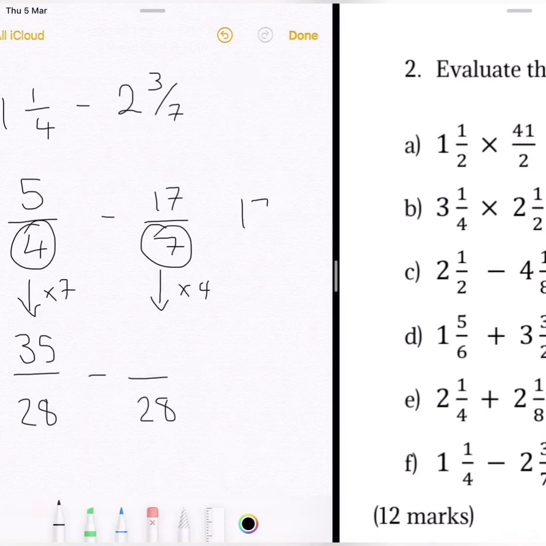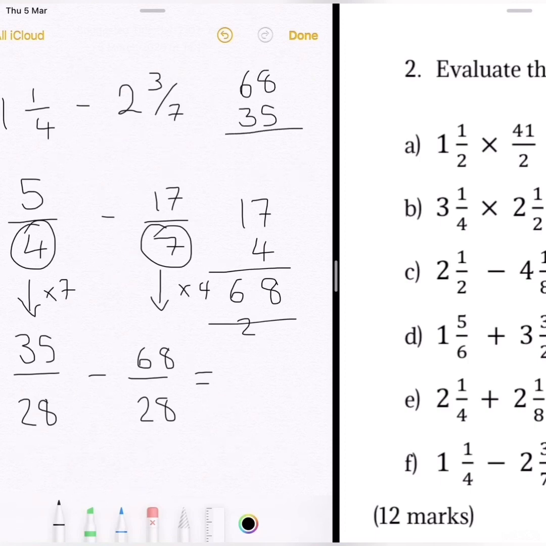4 times 17. Easiest way to do that in a column. 4 times 7, 28. 4 times 1 is 4, plus the 2 is 6. So we get that that is 68. So when we do 35, take away 68, well, we can do 68 minus 35, which gives us 33.